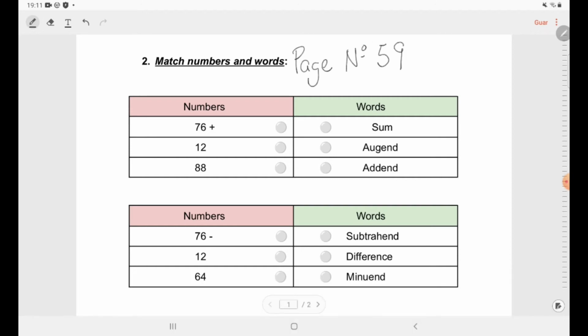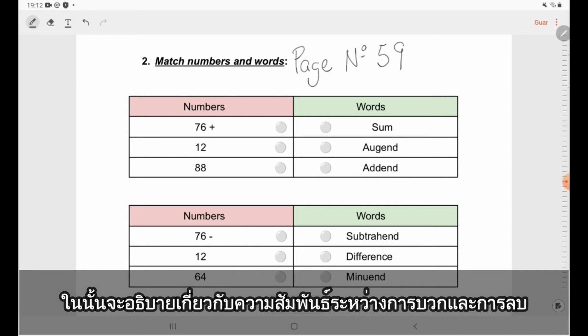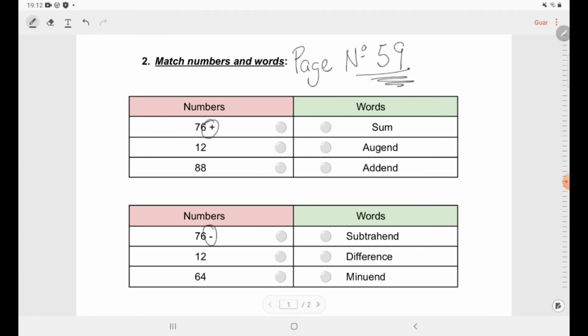Okay, there you have an explanation about the relationship between addition and subtraction, and an explanation about the name of each number in additions and subtractions. So if you don't know how to solve this, just go straight to this page and check it out. Okay, good.